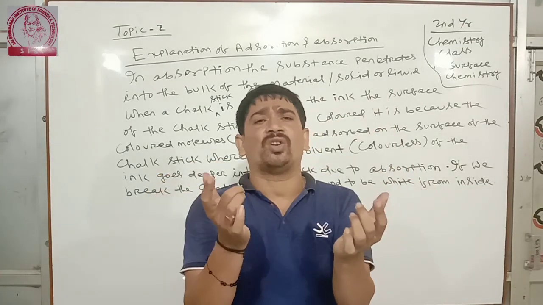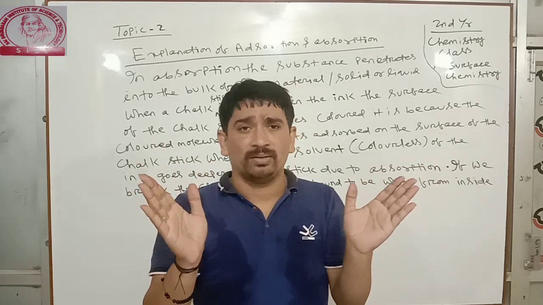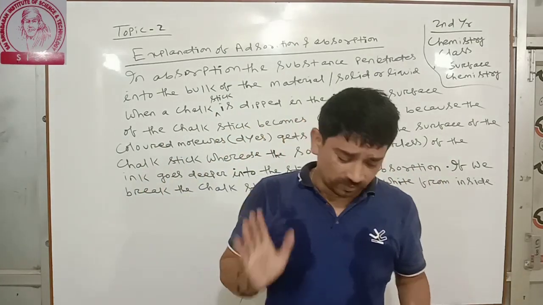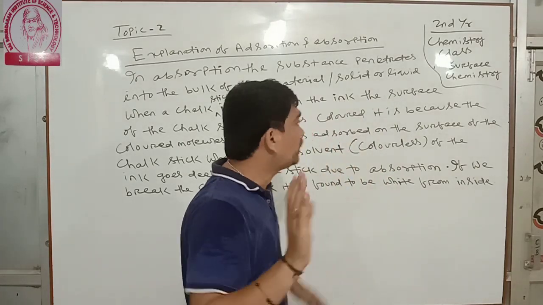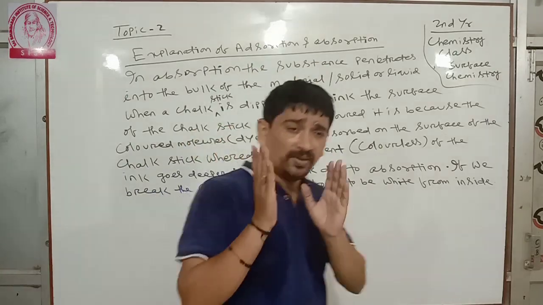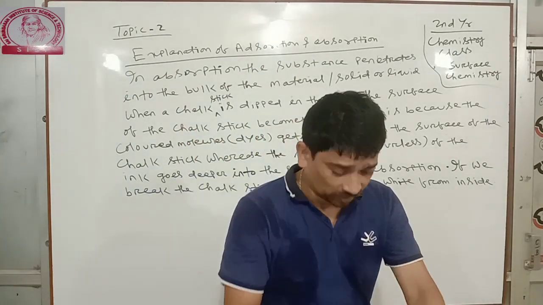And whenever we break this chalk, we will find the inside is white. Clear? This is the very simple and best example so far in order to understand adsorption and absorption.